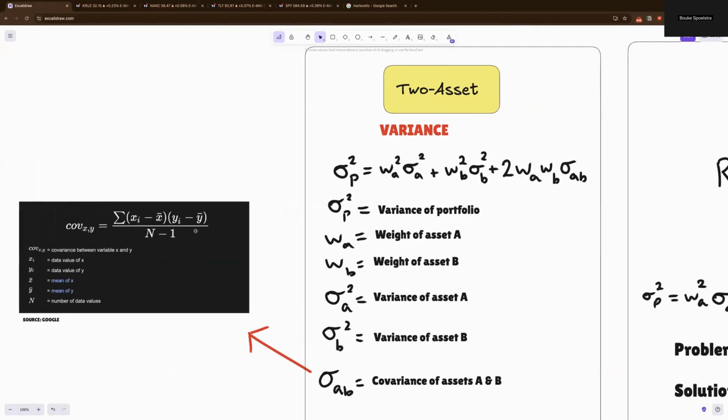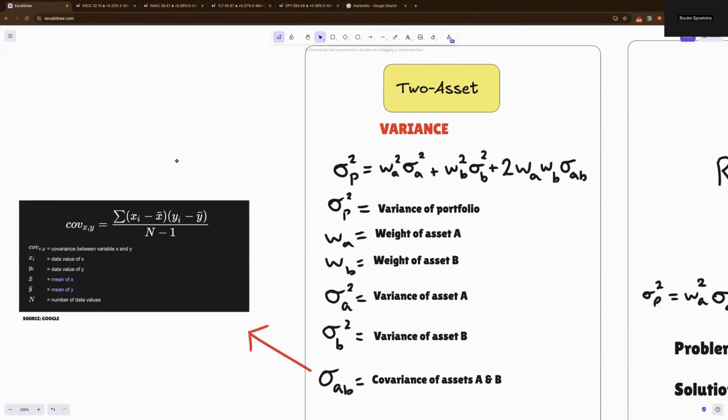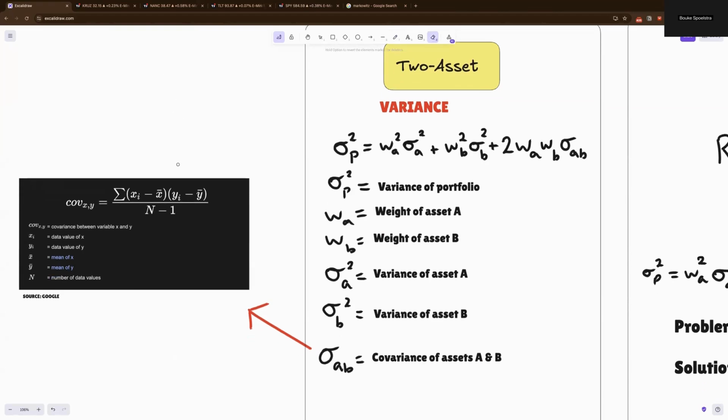And that was basically Markowitz's big contribution as well: we have to note not only how the individual assets' returns vary, but sometimes two assets' variances might be very similar, and we have to investigate whether there's a covariance between those assets as well.